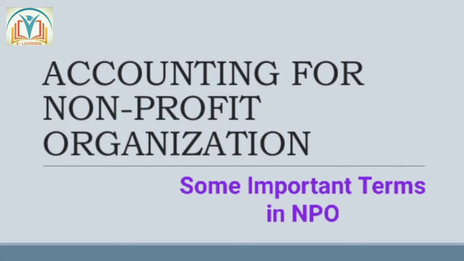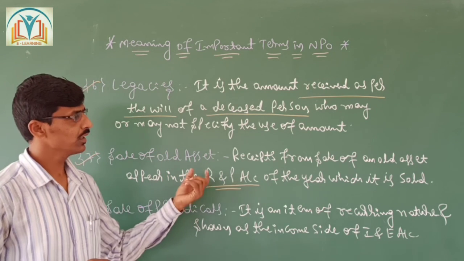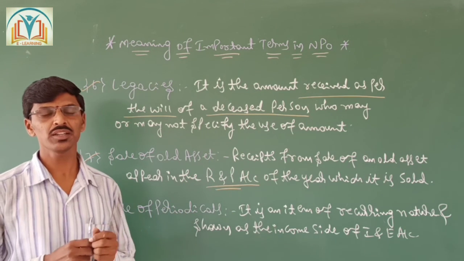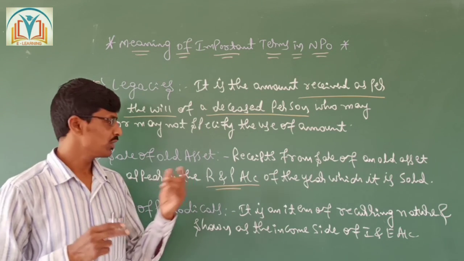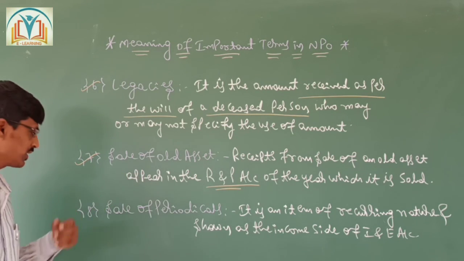The profit or loss is to be shown in the income and expenditure account. So this is about the seventh term, sale of old asset.